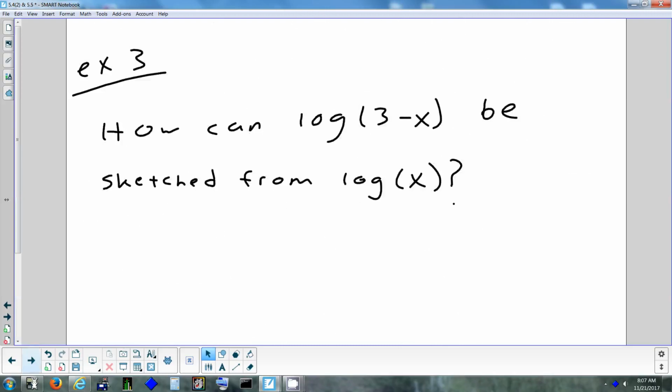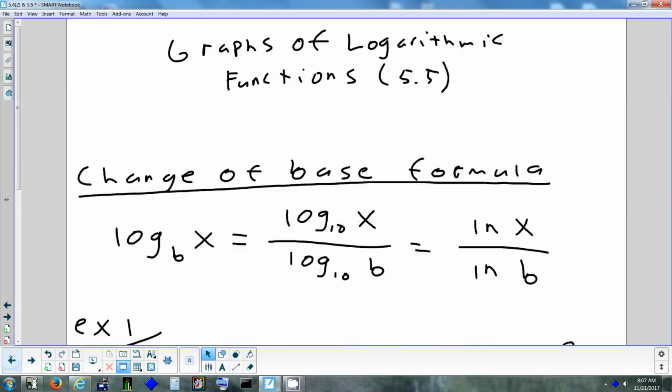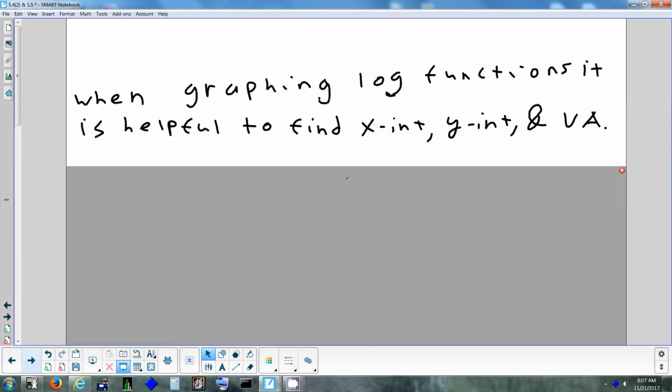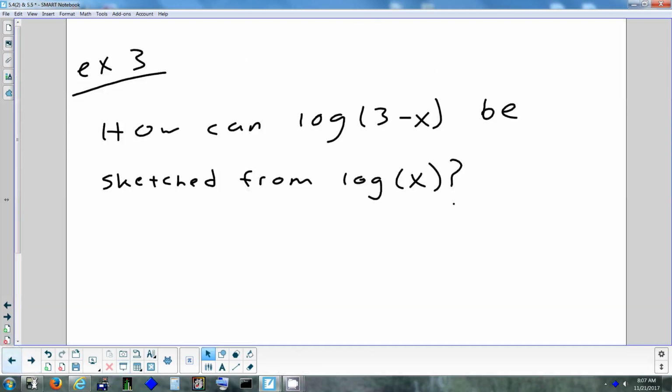All right, first thing, if I look at the log 3 minus x. How should we write that so that it looks more like that format? What should I do to fix that? You don't have to do this, but I think if you do, it'll match up with what I wrote on the other page a little better.